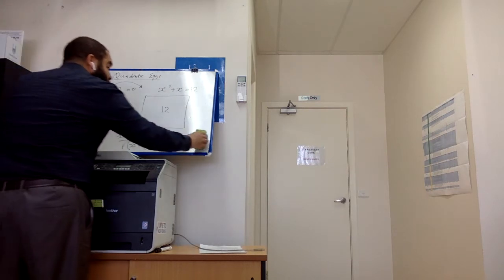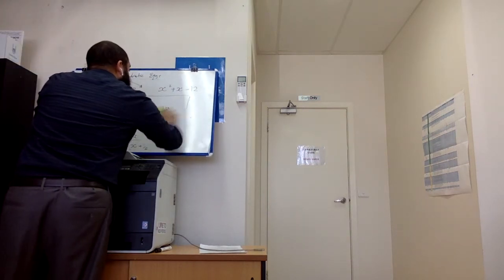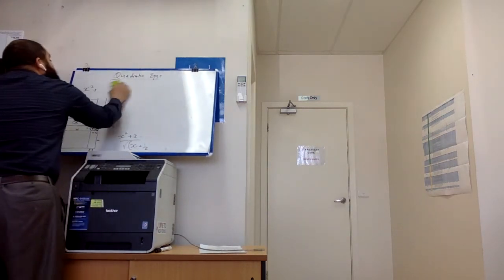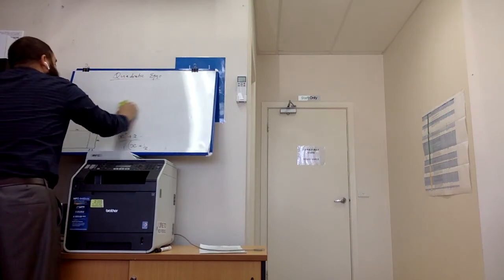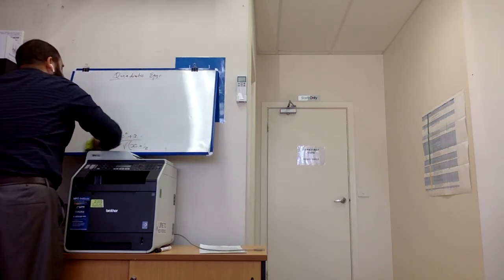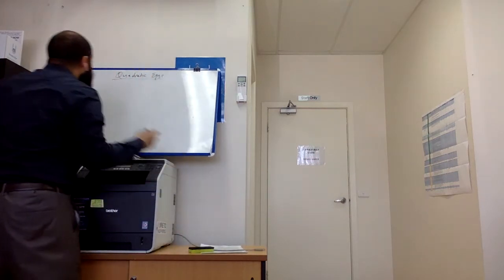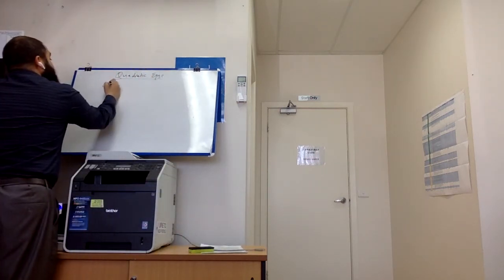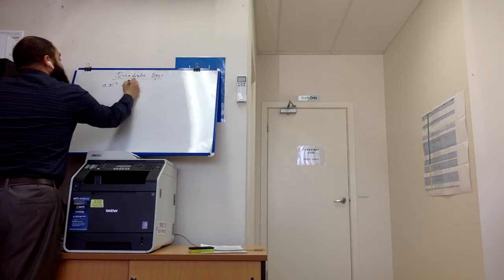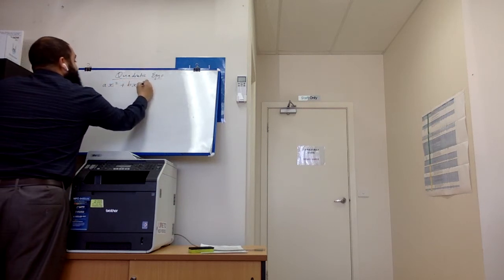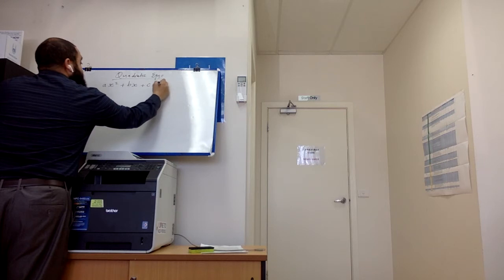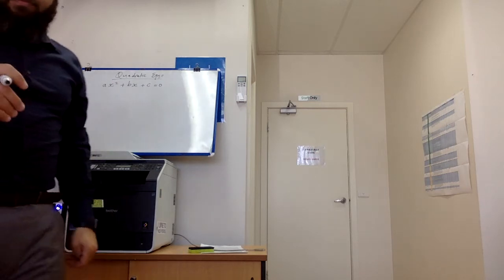So let us generalize this equation to derive the quadratic formula that we need to derive today for the equations which are hard to factorize. So ax squared plus bx plus c equals 0. This is the general form of the quadratic function, okay?